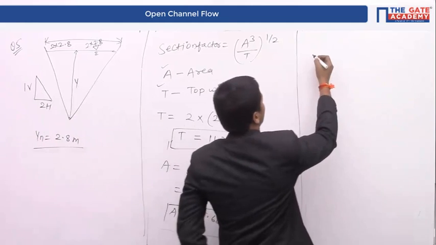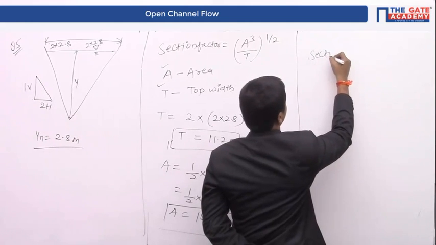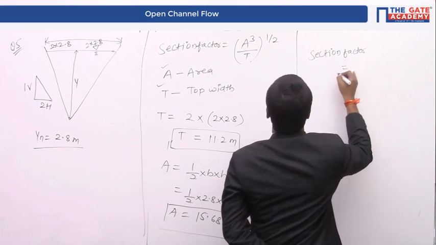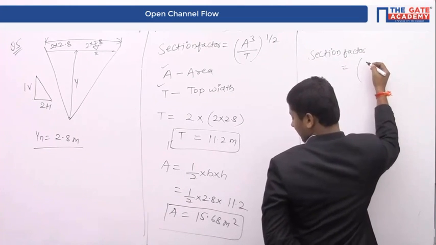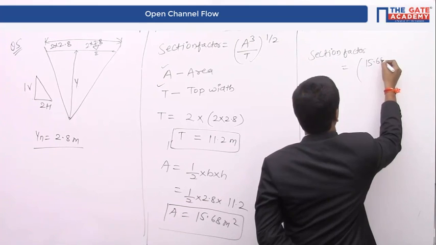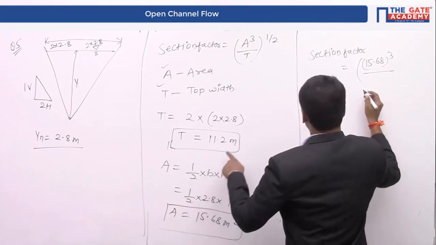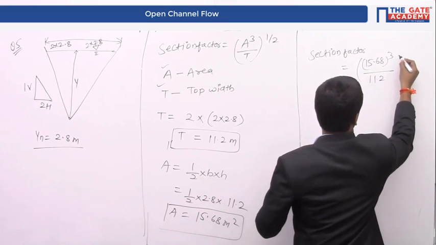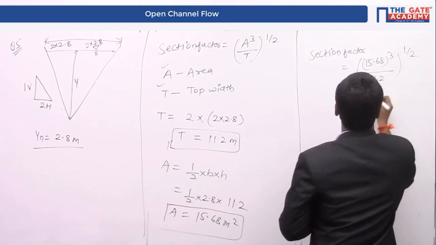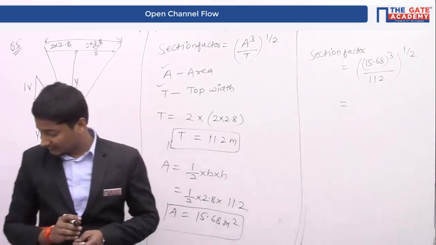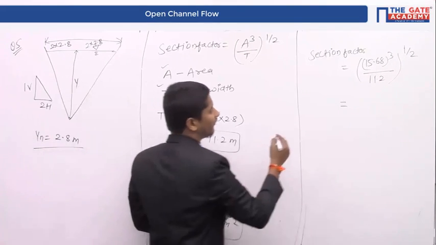After that, the value which we have to find out is the section factor. Now just substitution is remaining. A is 15.68 to the power 3, upon T, which is 11.2, and the whole to the power 1 by 2. If you calculate, the value you will get is 18.55.